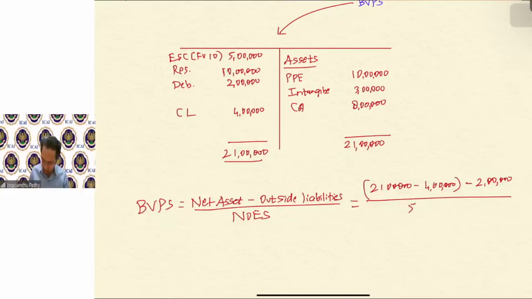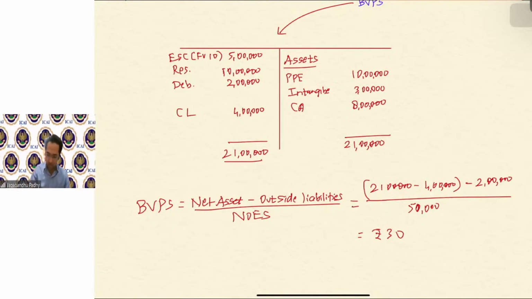So that translates to 50,000 shares. So the book value per share, we can calculate as 21 minus 4 lakh, which is 17, minus 2, 15 lakh, divided by 50,000. That is rupees 30. Book value per share is rupees 30.